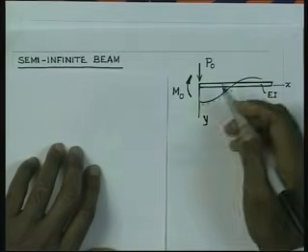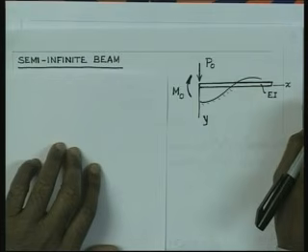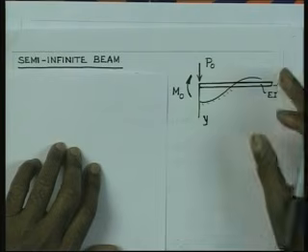Looking at the fact that the deflection should gradually diminish as we go towards infinity, the governing equation is going to remain the same, and therefore, we can write the solution for this problem also in a similar fashion as we have done in the other case.